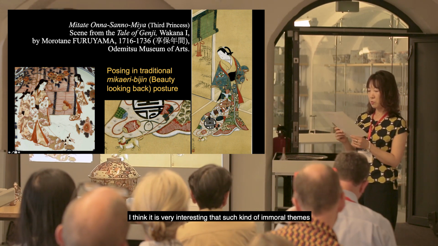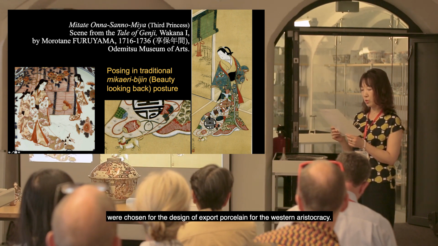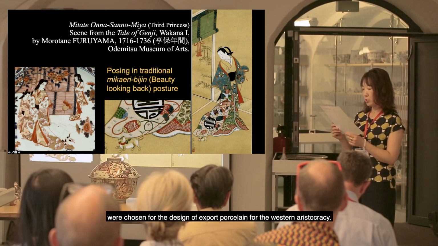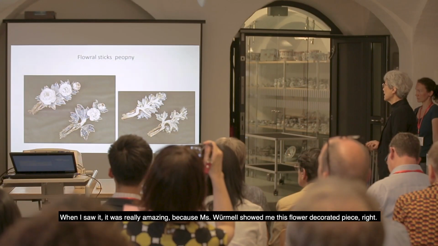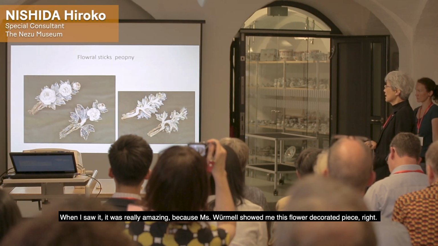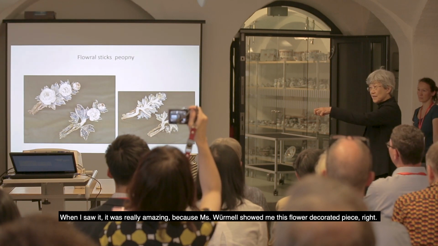I think it is very interesting that such an immoral theme was chosen for the design of export porcelain for the Western aristocracy. When I saw it, it was really amazing because Mrs. Palmer showed the flower decorated piece here, right?